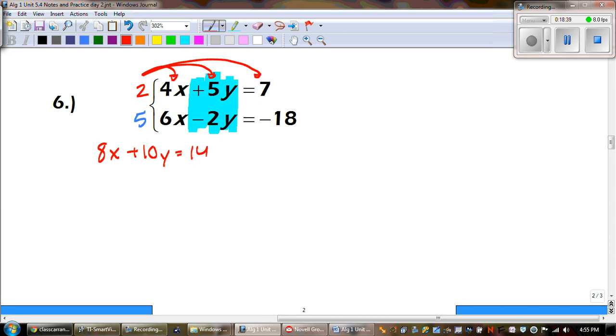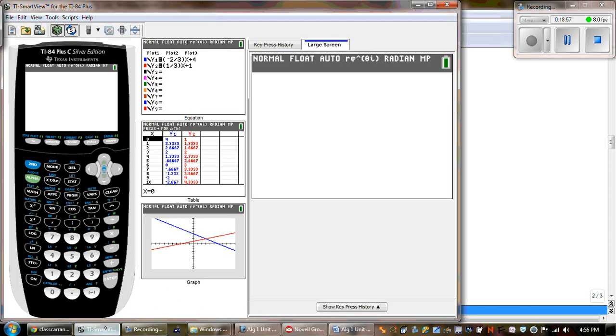And 2 times 7 is 14. 5 times 6, we get 30x. -10y. Oh my gosh, and 5 times -18. This is the first time we're taking out our calculators. We get -90.